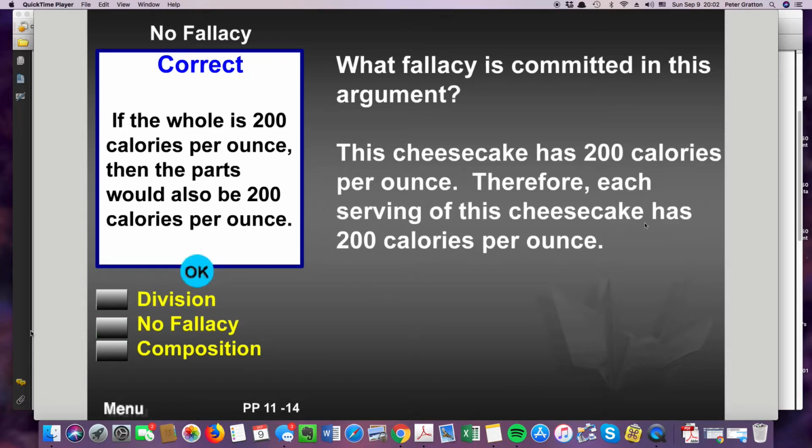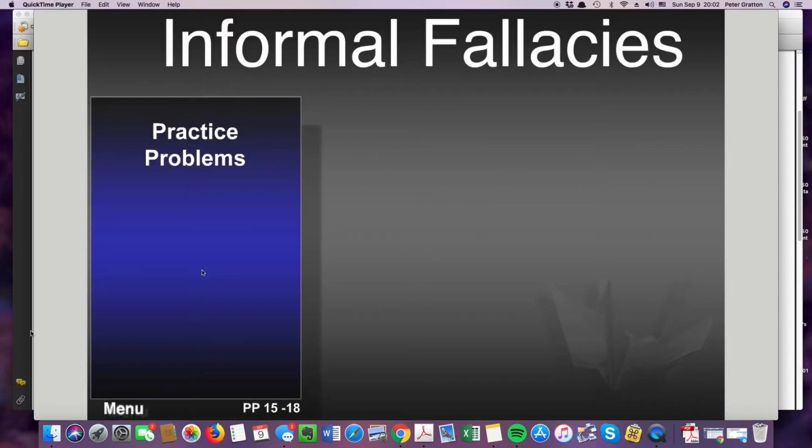Now, if it was some sort of special cheesecake where it's made up of different things with different parts, then this wouldn't work. But in general, cheesecakes are all homogeneous, which is to say they're mixed, they're put into a pan and then made, and are the same throughout. That's what homogeneous means. Okay.